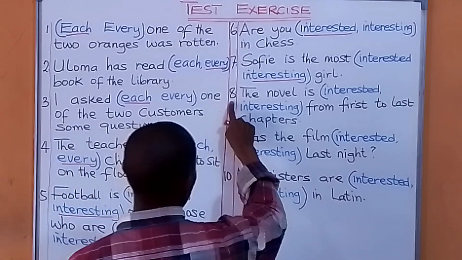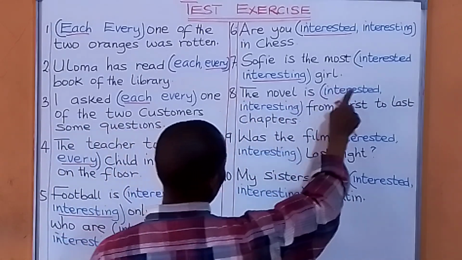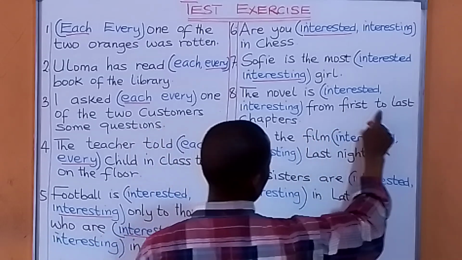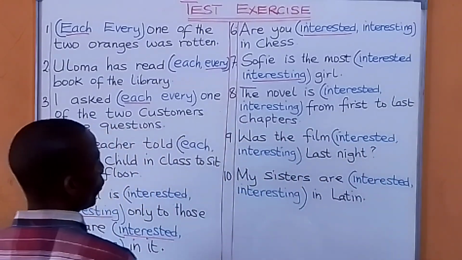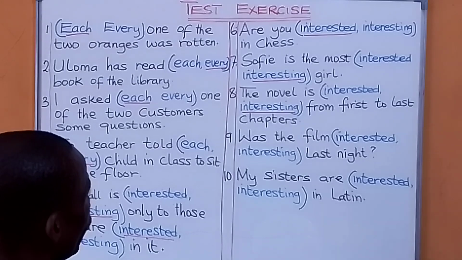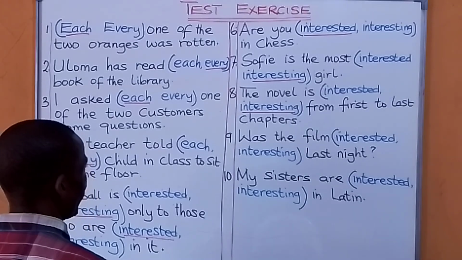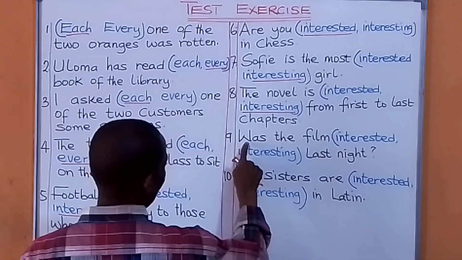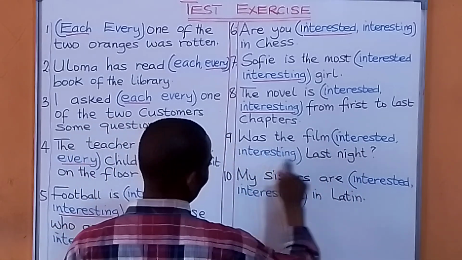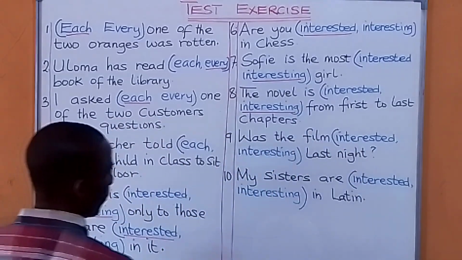Look at number eight. The novel is interested, interesting from first to last chapter. What are we going to put there? The novel is interesting from first to last chapter. Look at number nine. Was the film interesting last night? What are we going to put there?